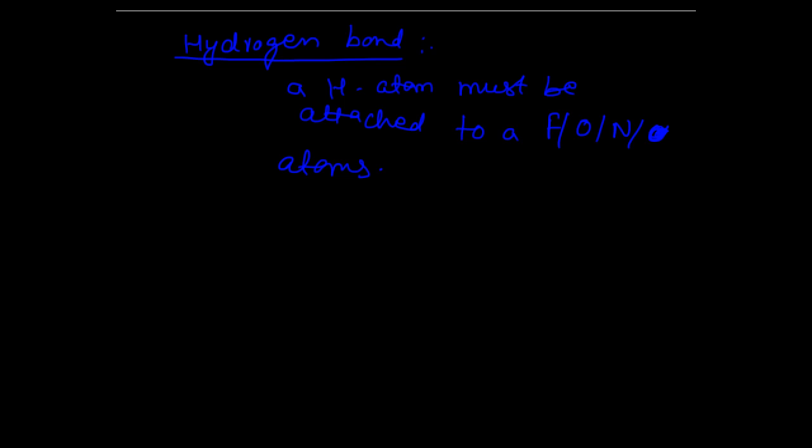So, according to what I've written above, a hydrogen must be attached to fluorine, oxygen, or nitrogen. So, I'll write oxygen here and let the other group over here be X. Now, this hydrogen is able to form a hydrogen bond, but with whom will it form a hydrogen bond? So this is just the first half. Now, for the formation of hydrogen bond, this is one condition that must be fulfilled.